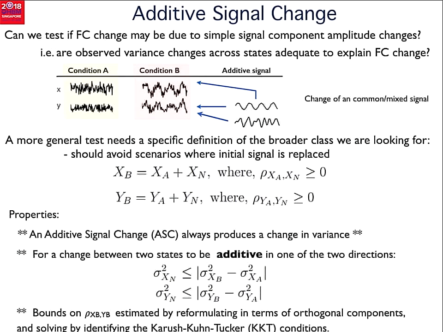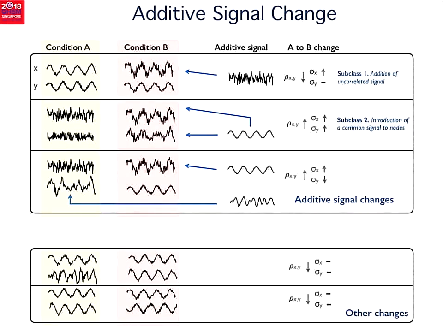So what we can do, using optimization techniques, is define the range of correlations in the second condition that can be explained by this class of additive change, where the change is due to increases in the amplitude of signals. And so that means we can classify changes in functional connectivity according to whether they potentially can be explained by the observed changes in variance that go along with them.